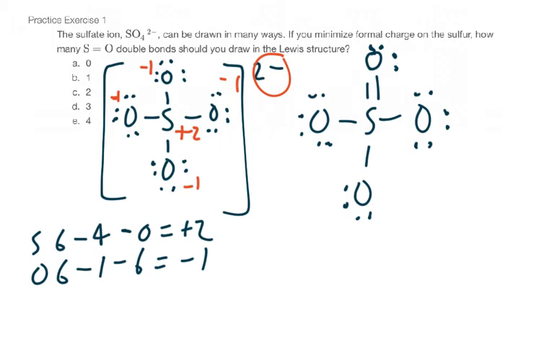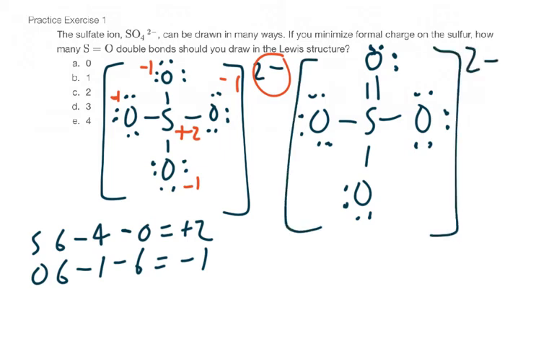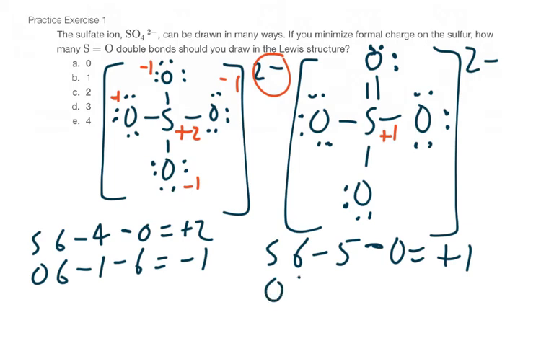Okay, so what we'll do here is, let me go ahead and put the bracket, and let's put a 2 negative here. All right, so the sulfur here in the center now still has 6 valence. Now it has 5 sticks and no dots. So now the sulfur has a +1 charge, which we'll go ahead and write here as a +1. Now, there's 2 types of oxygens. The oxygen with the single bond is still going to be 6 minus 1 minus 6.